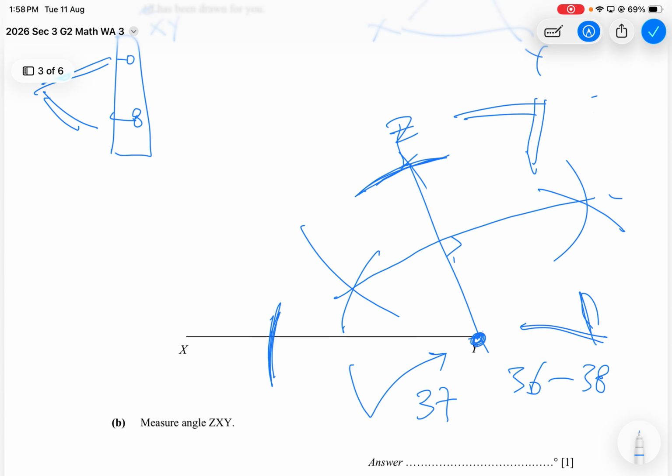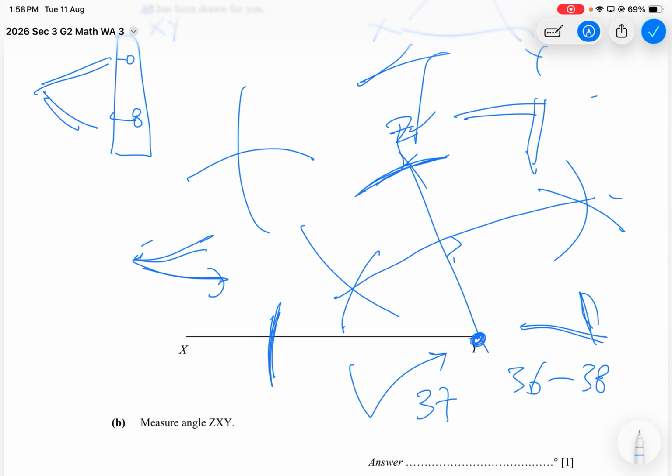So after I get these 2 points, I move my compass to these 2 points. Then I cut from here, one time. From here, one time. The intersection will be where the angle bisector is.